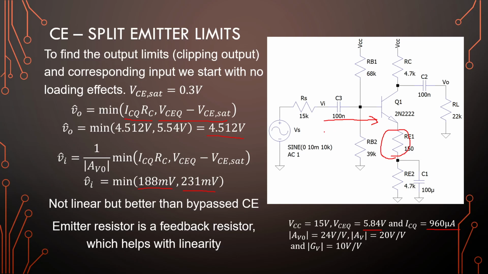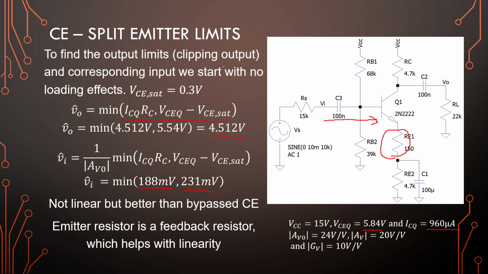So that's why the split emitter is such an attractive amplifier: you have a higher input range, higher input impedance, and you have more control over the input impedance using your bias resistors. If this is very large, you have stability and you can choose your gain.